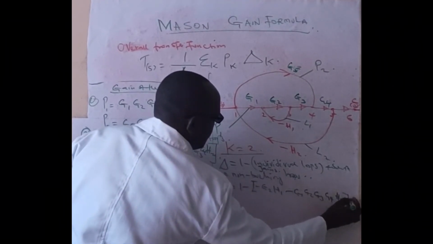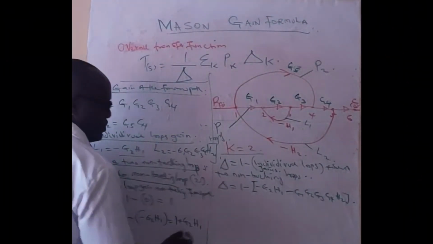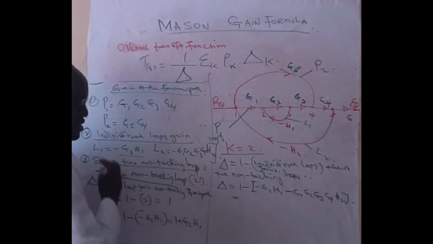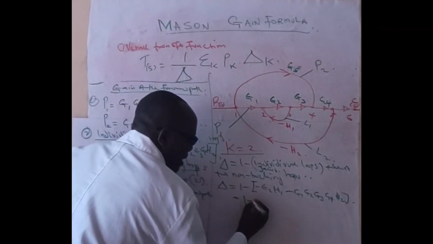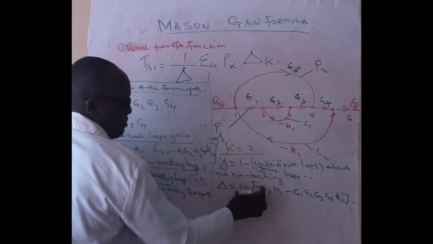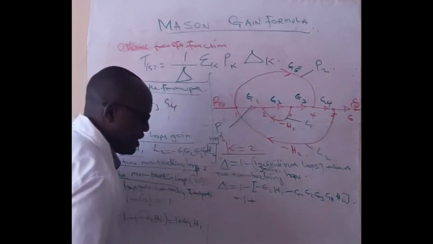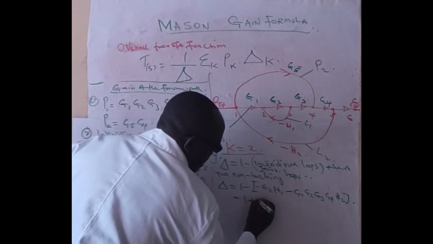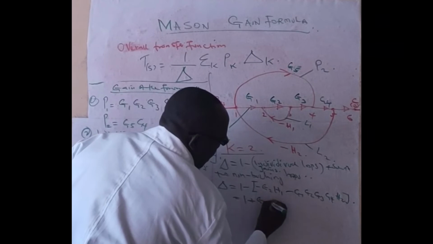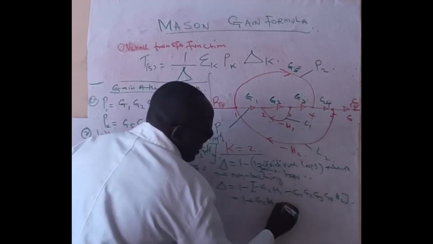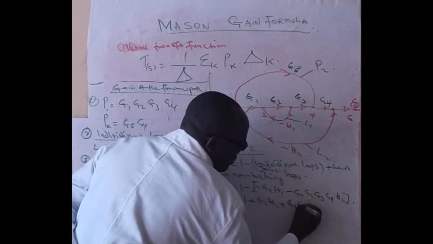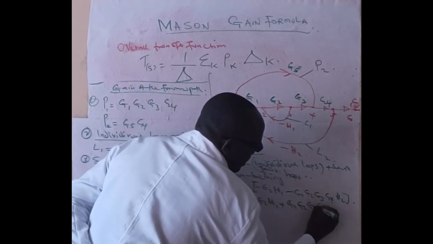So this is going to be equal to 1 plus, because the product of negative is going to give positive, G2 H1 plus G1 G2 G3 G4 H2.